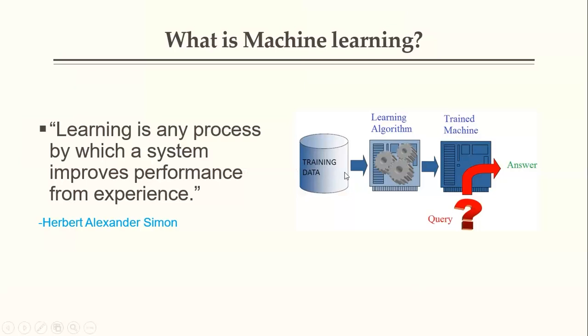First, we will train on the data. For a small baby also, what do we do? We train them for walking or anything. Similarly, we train the machine using data. Then the learning algorithm, then it becomes a trained machine. After that, if we give a query, then we will get the answer.